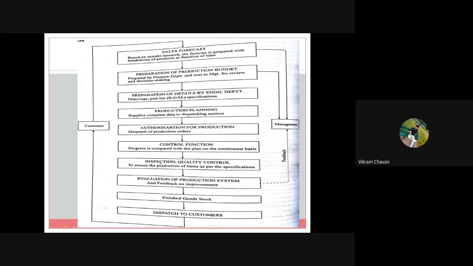Once the inspection is carried out and it matches the specification, it will be transported to the inventory section, and it will be considered a finished good. But the evaluation is carried out in between those two steps.